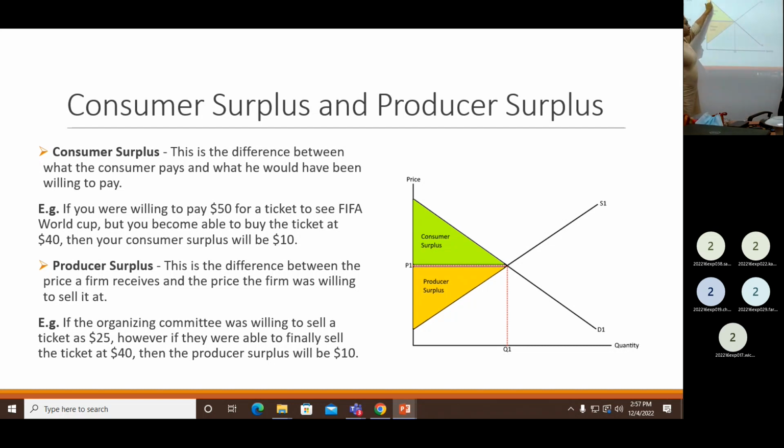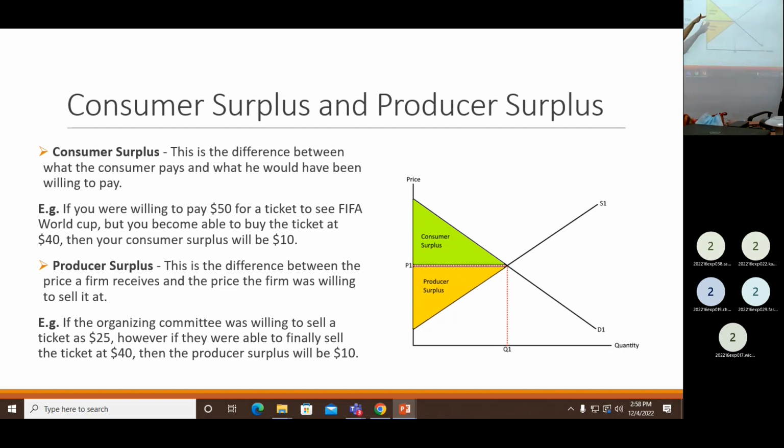But because of the equilibrium of demand and supply forces, at the end they paid this price, because this is the market equilibrium. So you were willing to pay a price as high as this, but you ended up paying a lower price because of demand and supply forces. It's equilibrium. So there is a saving you make. The maximum you were willing to pay is that price, and this is the price which you actually paid.